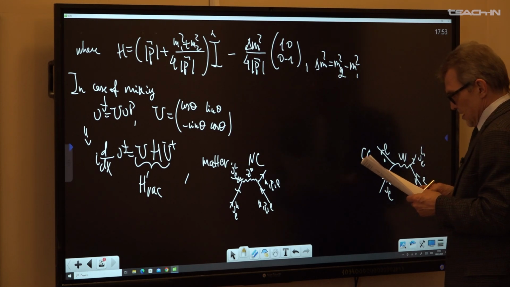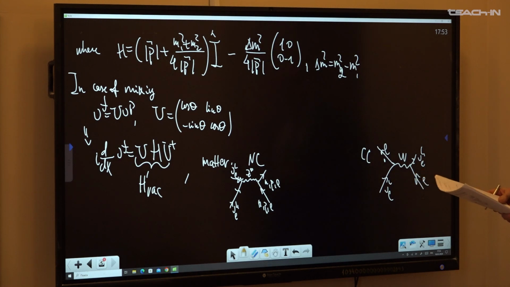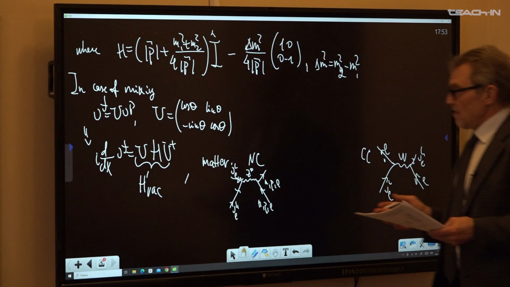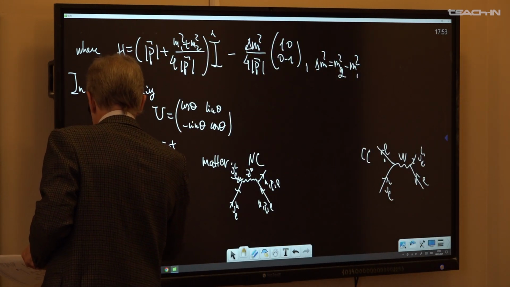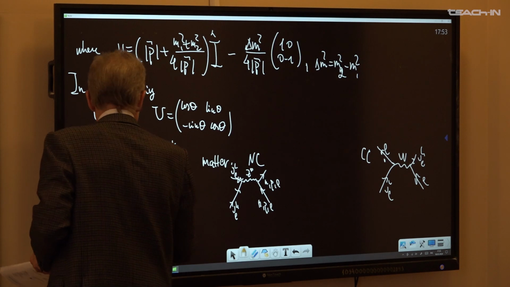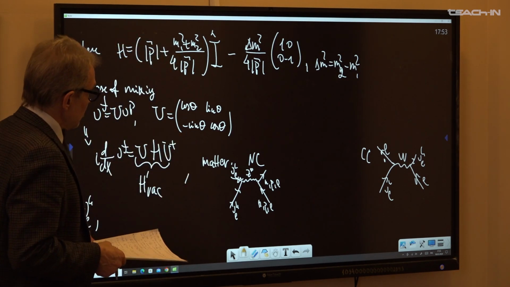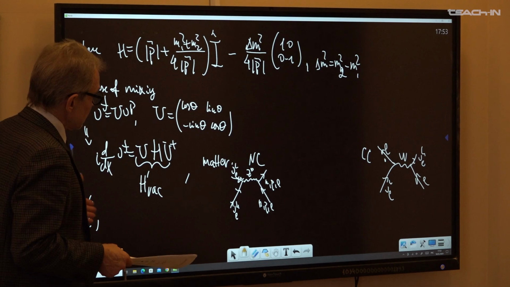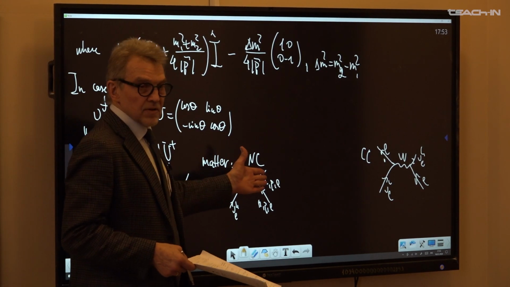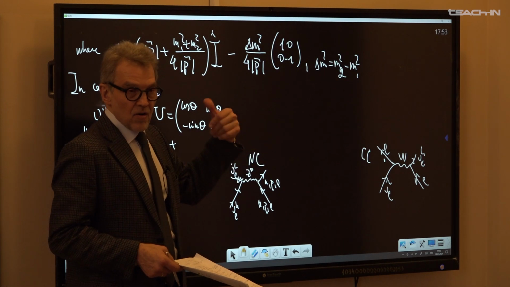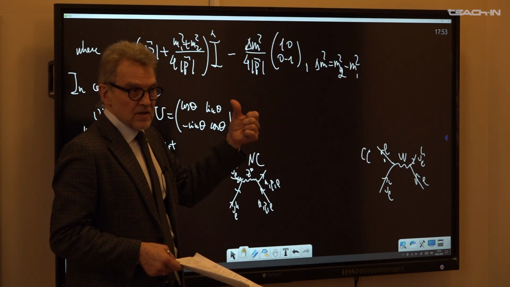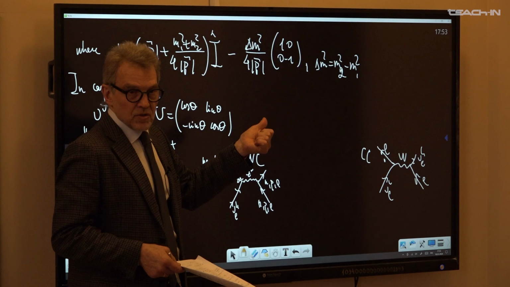So in our case, we have the electron left neutrino that interacts with the environment through neutral and charge currents, and also another state, the right-handed muon neutrino.